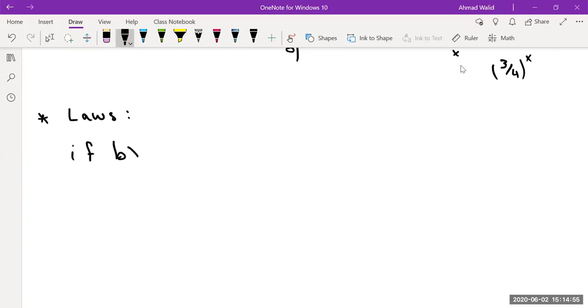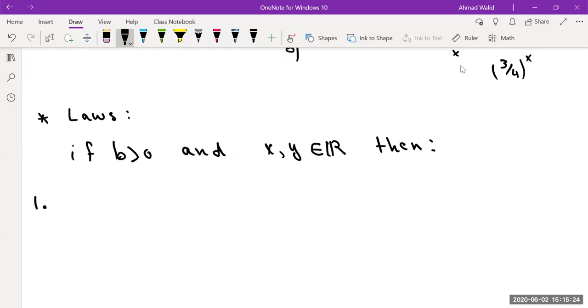If your b is greater than 0, it means b is a positive constant, and you have x and y as exponents, but they are all real numbers. They are in R, right? Then we can write these rules for you, which is again a review. I'm sure most of you remember these exponential rules.